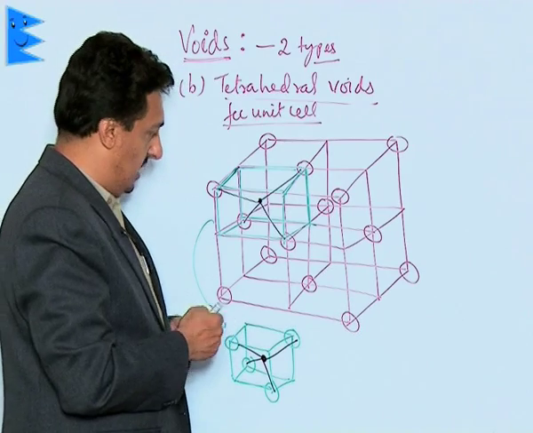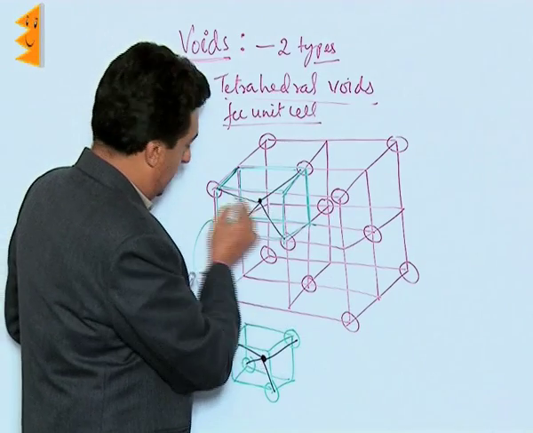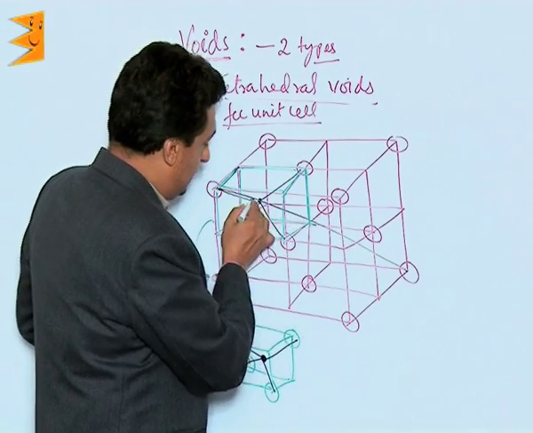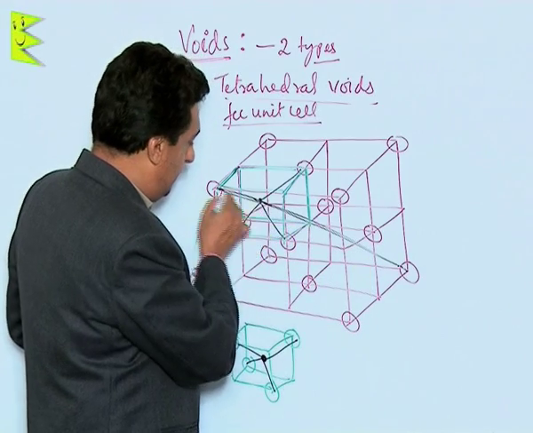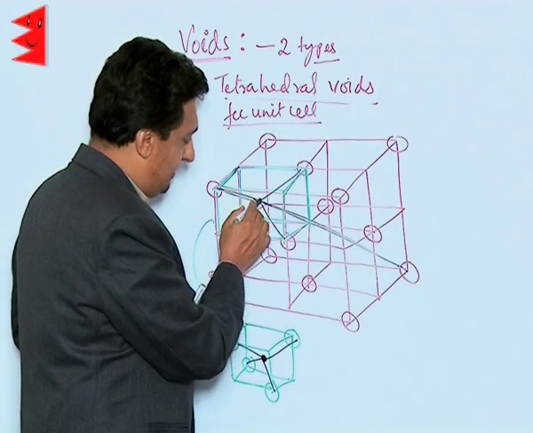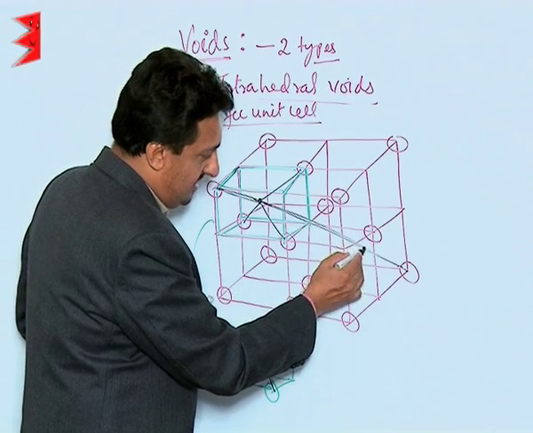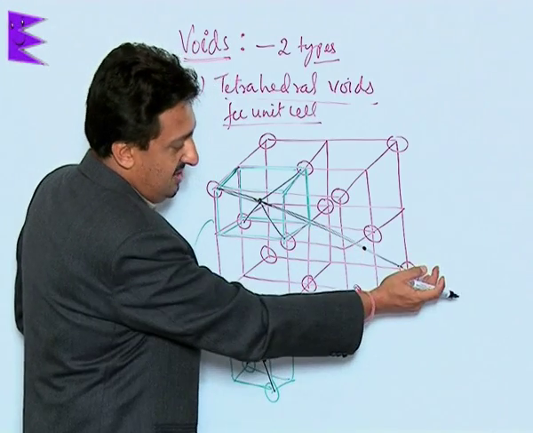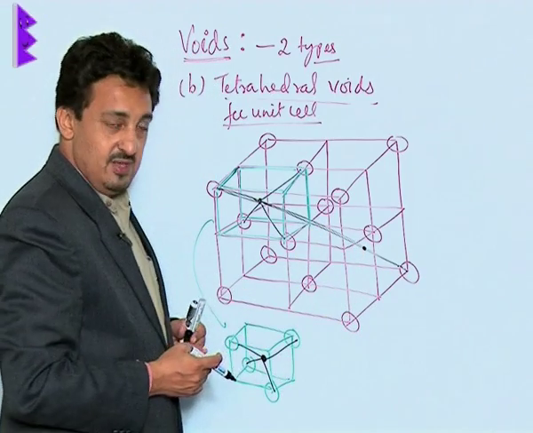Now if we join this end to this end, we can easily make out that this particle is lying on the body diagonal. And similarly the same type of particle will be there at this point, on the other side of this 1/8 part.